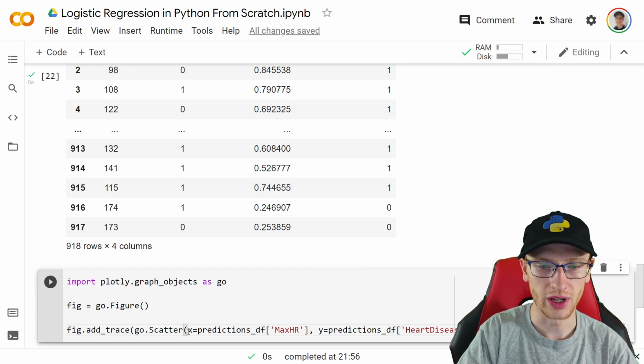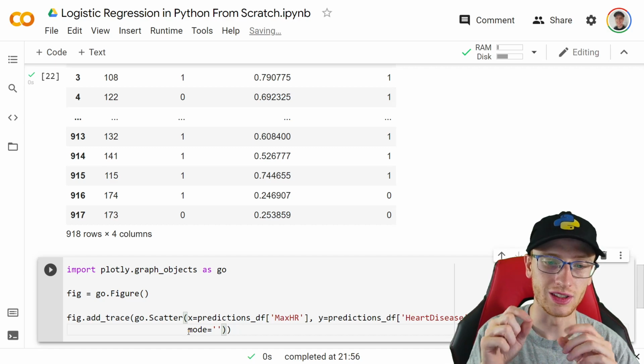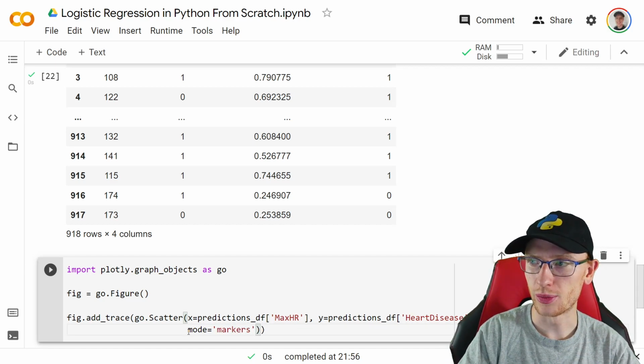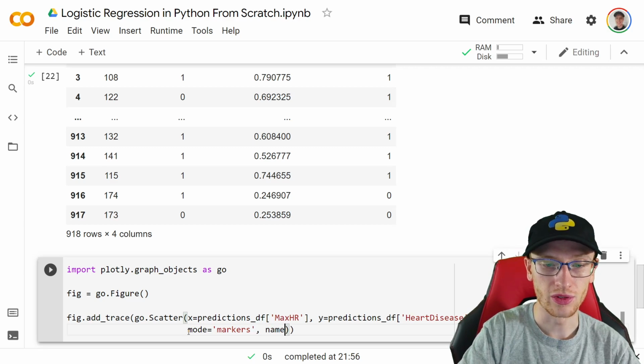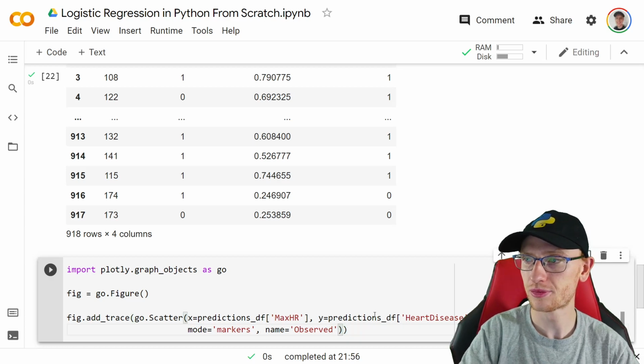Okay, and then there's a little bit more we have to do for this same graph. We're also going to add in that the mode is equal to markers. That is how we actually plot these as points and not as lines. We're going to want them as points. Mode is equal to markers, and we'll give it a name for the legend, so the name is basically the observed values, because the other one is going to be for the predictions. This is the actuals, so name is observed.